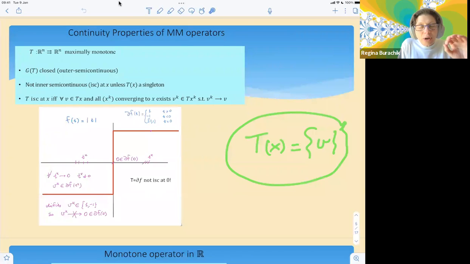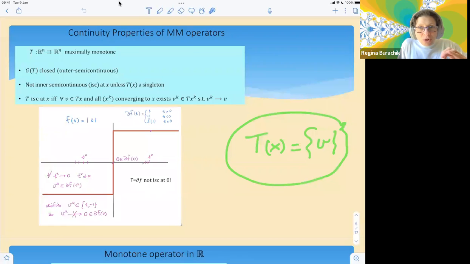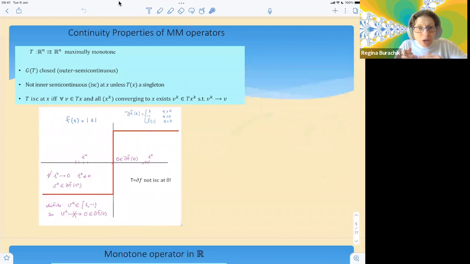You can always have a single value selection. However, if you really want your operator to be inner semi-continuous, you have to have T of x equal a single point. Because if T of x, like here, is a whole interval [-1, 1], the operator is not going to be inner semi-continuous at this point, no matter what you do to it.